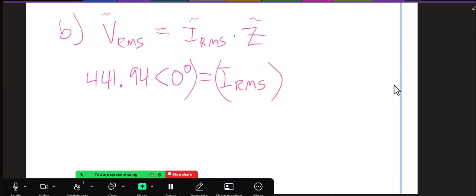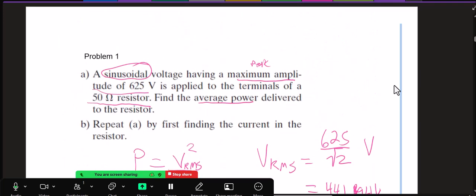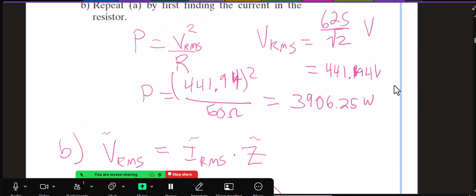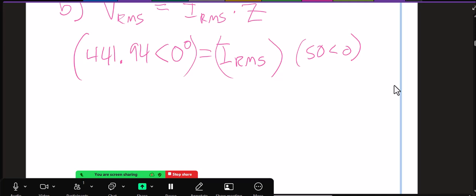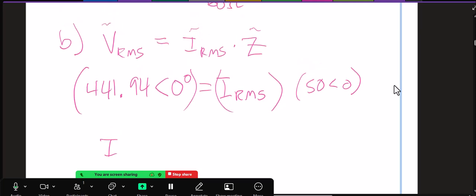Now, what is Z for our circuit? It's 50, and what's its angle? It's angle 0 because it's just a resistor. And so for IRMS, do I need a conjugate here?